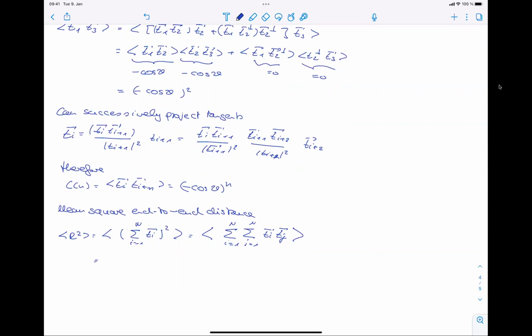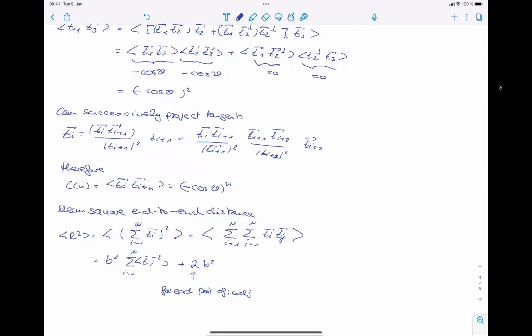And that's then either I and j are the same. If I and j are the same, I get a b squared sum I to n t I squared, or I and j are different, and if I and j are different, I can have two versions. I can, for example, have I equal 1 and j equal 2, or j equal 1 and I equal 2. So all terms pop up twice. So that gives me a factor of 2 for each pair of I and j.